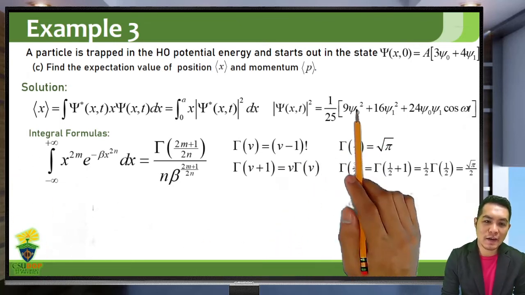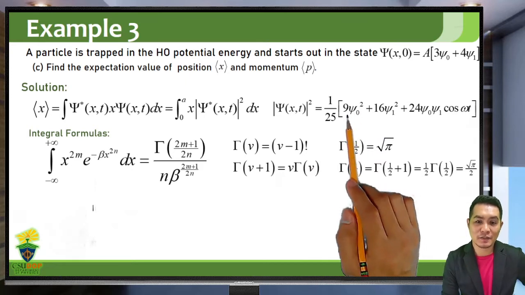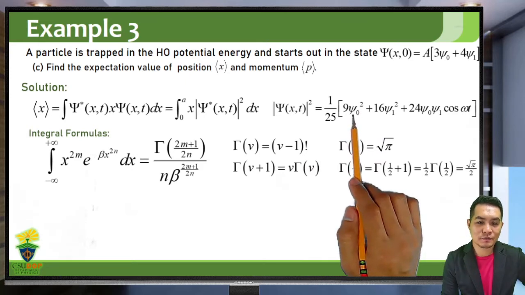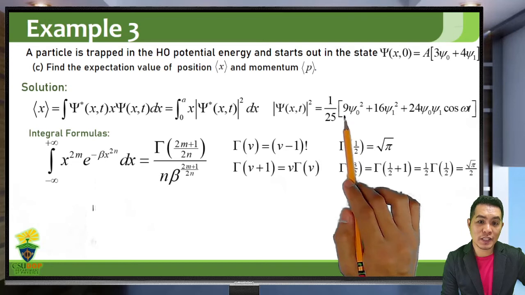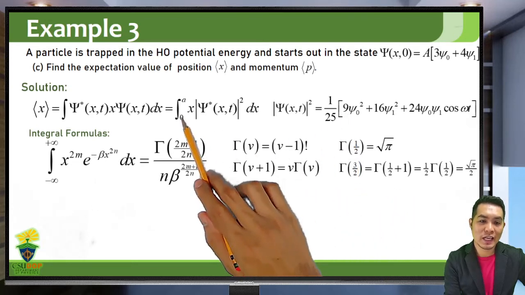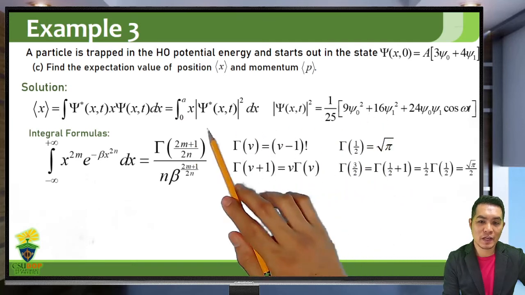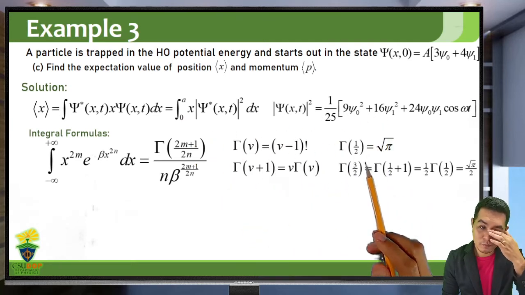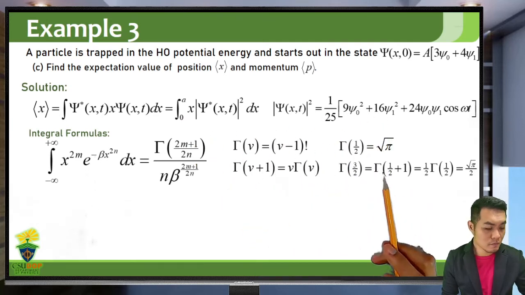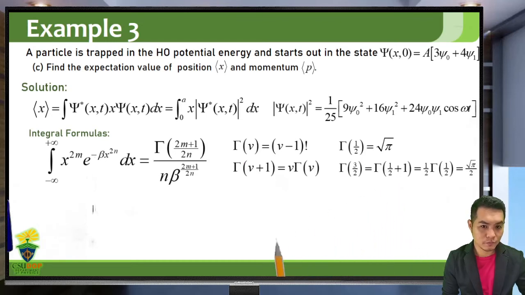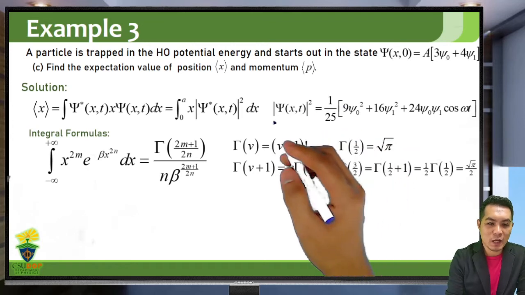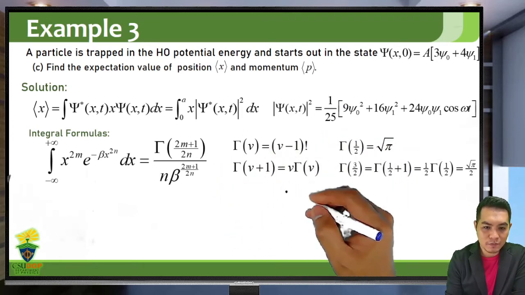You will actually have 3 integrals here: the integral due to this term here, multiplied by x, the integral due to the second term here, multiplied by x, and so on. For instance, I will just demonstrate the first integral.